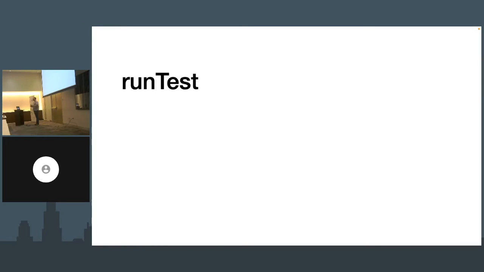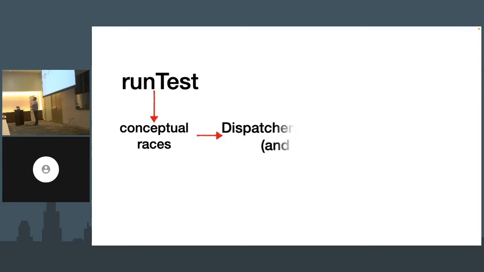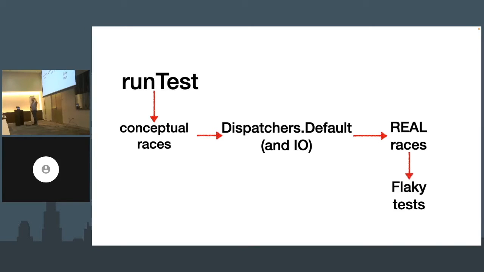It creates conceptual races. We're stuck with a certain amount of those. If we add Dispatchers.Default or Dispatchers.IO or any other dispatcher that has a multi-threaded implementation, we convert those conceptual races to real races. If we have real races in our code, then we're going to have flaky tests.